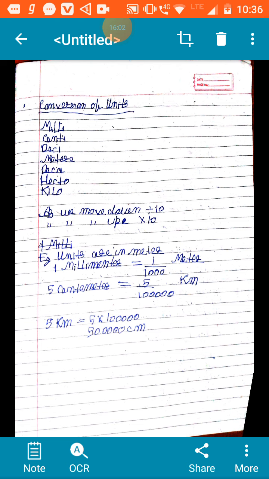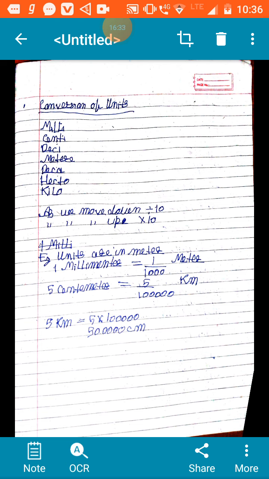For example, let's take the unit meter. So 1 millimeter is equal to 1 by 1000 meter. Look at the table: milli, centi.